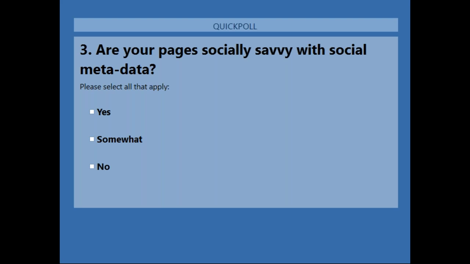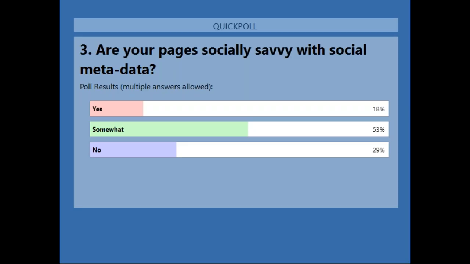So the votes are still coming in, and I'll just give it one more second. Okay, that looks like the majority of people, I think. It looks like 53% is the larger majority of somewhat socially savvy websites out there that people have implemented so far.